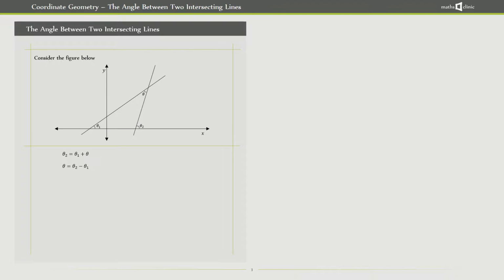Okay, now let's find the tangent of these. Since we have that theta equals theta 2 minus theta 1, you can say that tan theta equals tan of theta 2 minus theta 1. Okay, because theta equals theta 2 minus theta 1. And from trigonometry, you can have that tan of theta 2 minus theta 1 equals tan theta 2 minus tan theta 1 divided by 1 plus tan theta 2 tan theta 1.